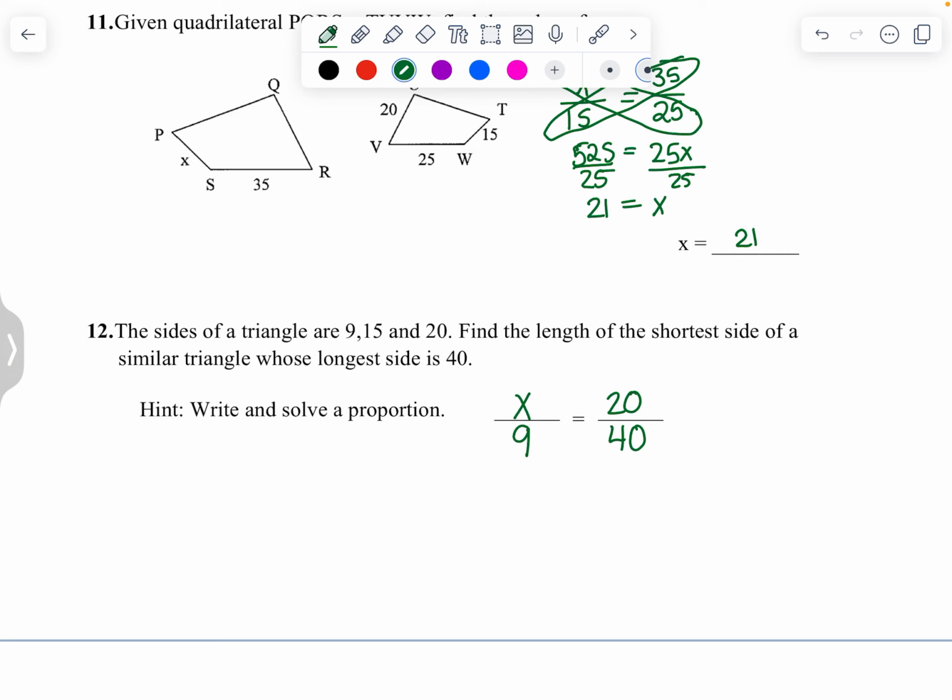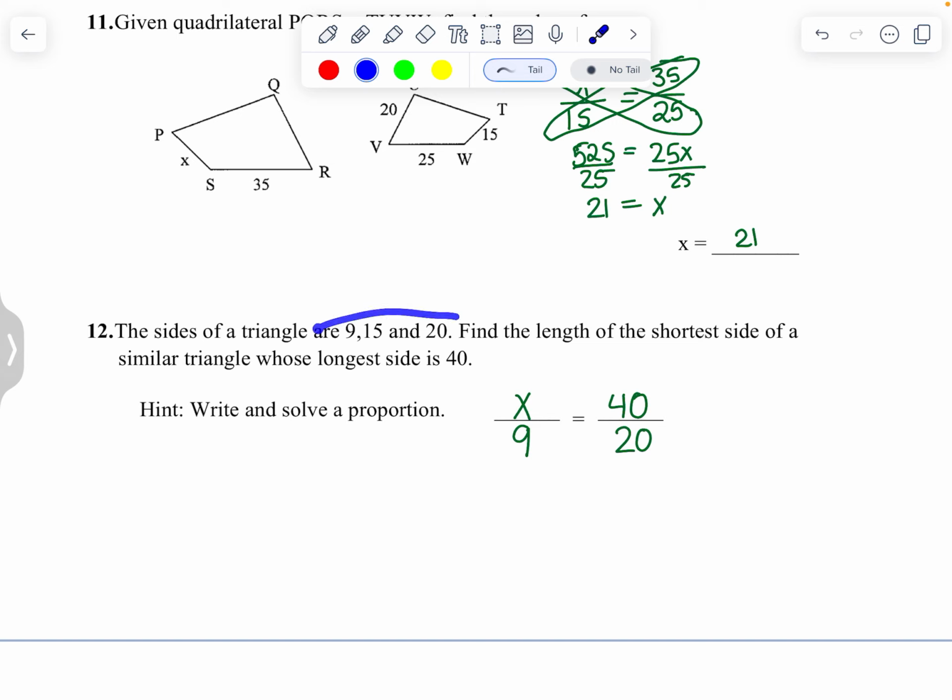And let me double check and make sure I did that right. I did not. Largest, 40 over 20. And so let's talk about why it wasn't right the first time.